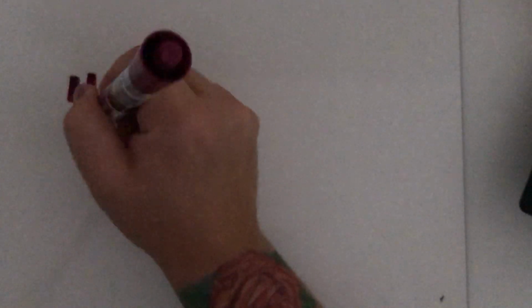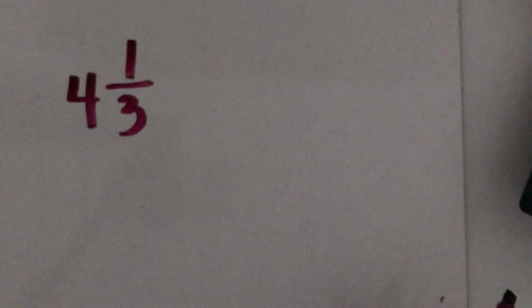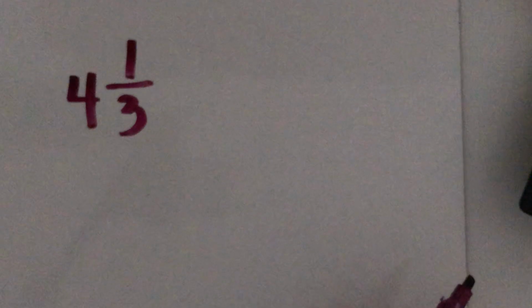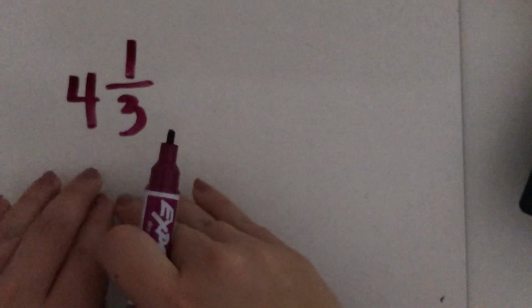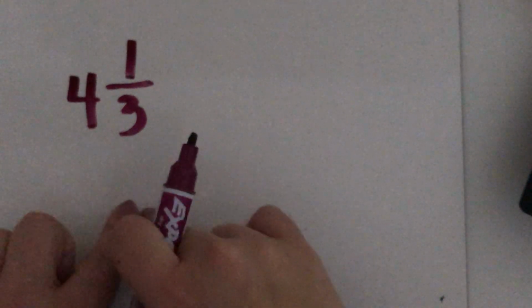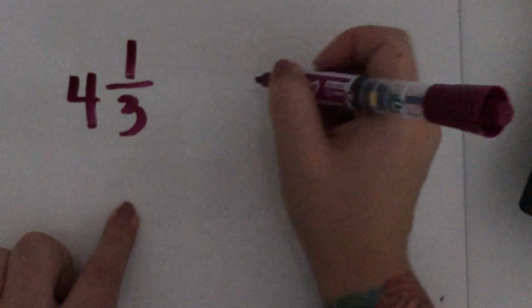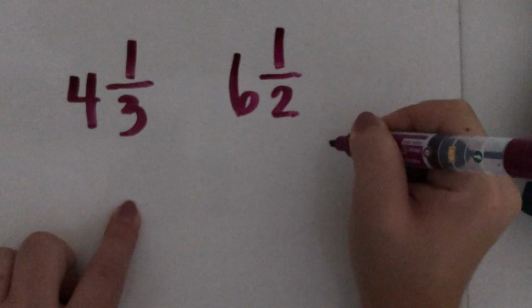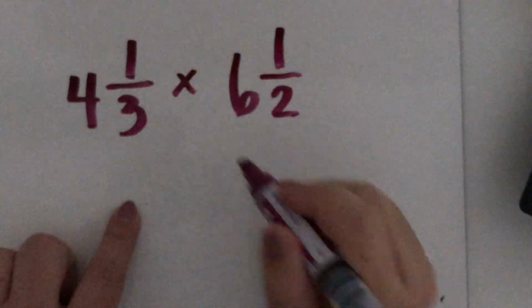Sections of prefabricated fencing are each 4 1/3 feet long. How long are 6.5 sections placed end to end? So that means that if each section is 4 1/3, and I want to know how many 6 1/2 are, yeah, I'm going to need to multiply.